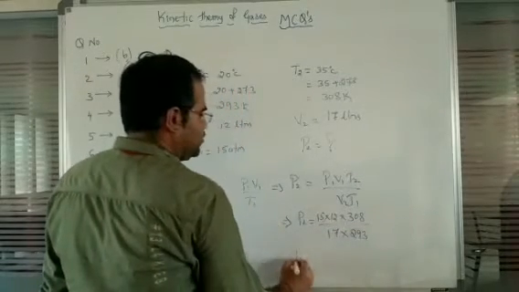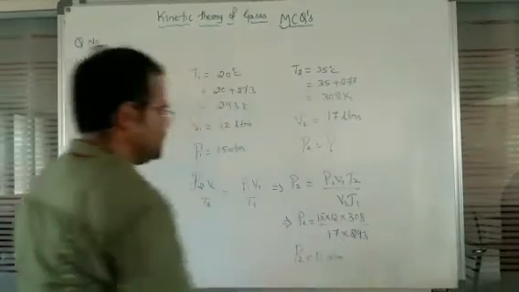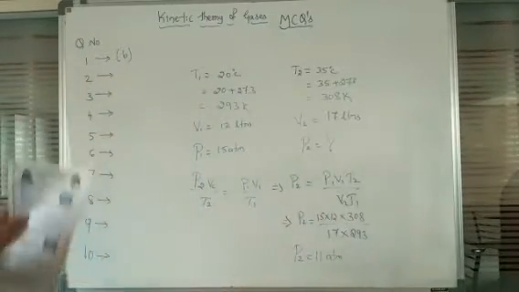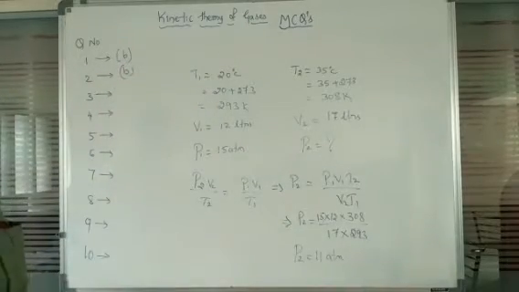On simplification, we get 11 atmospheric pressure. So for question number 2, we have option B.